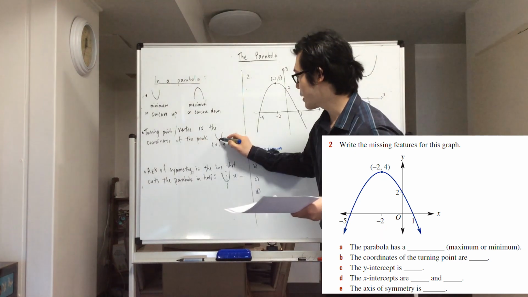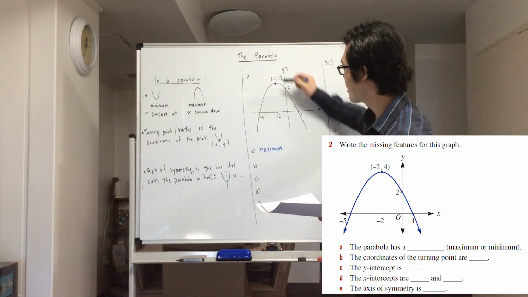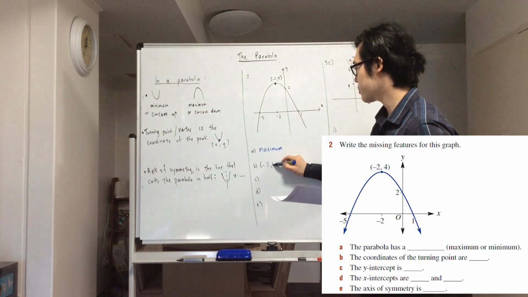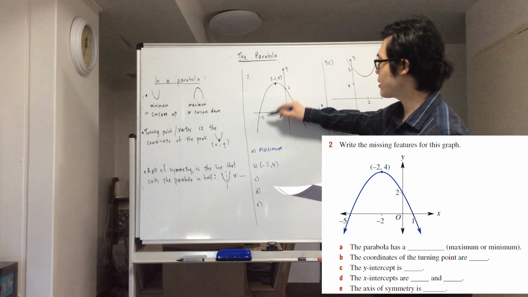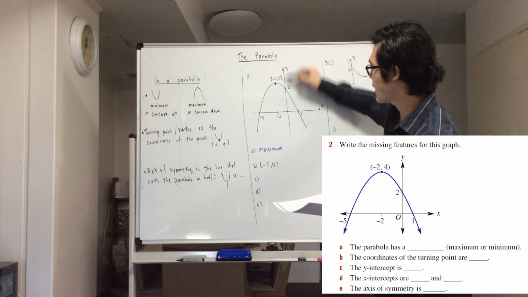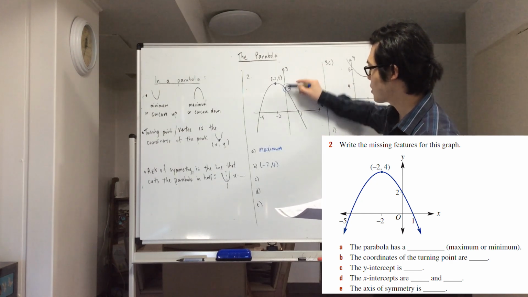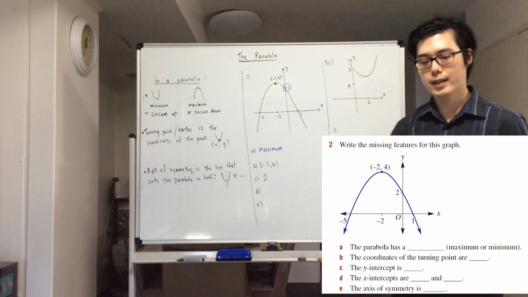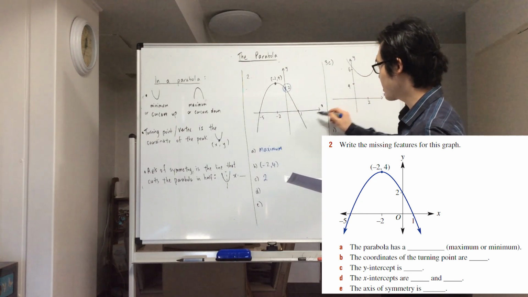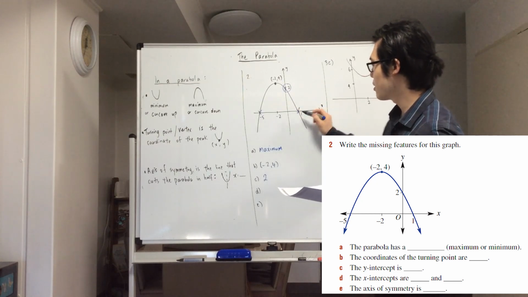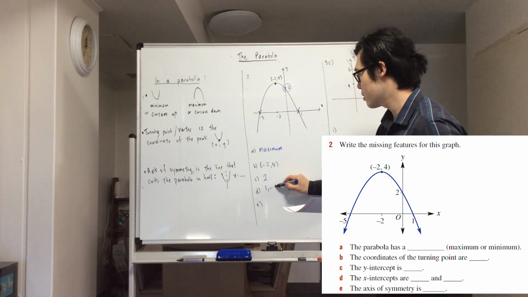The turning point is where the peak is, in this case, minus 2 and 4. Question C, the y-intercept. The y-intercept is where this graph passes through the y-axis? Right there. So that's the y-intercept, 2, okay? The x-intercept, where does it pass through on the x-axis? Here and here. So that's 1 and minus 5.